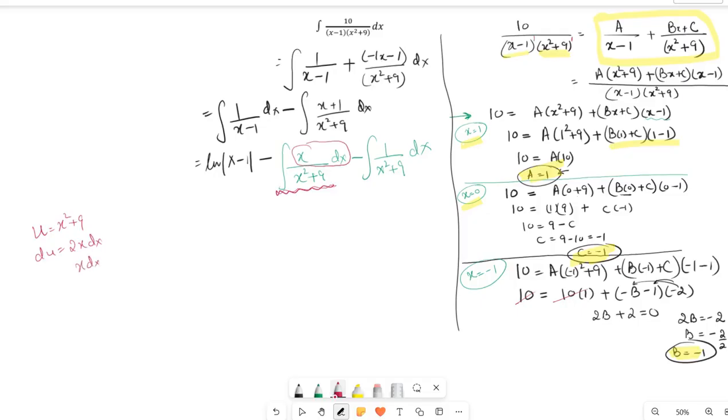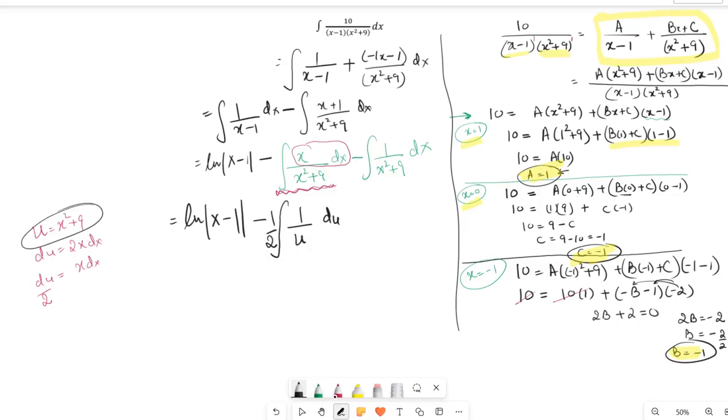So x dx would be equal to du by 2. So let's write this down. Natural log, this one is done, so don't forget to write that, minus integral x dx. That can be replaced by du by 2, the half goes out, and x squared plus 9 can be replaced by 1 by u, since x squared plus 9 is u.